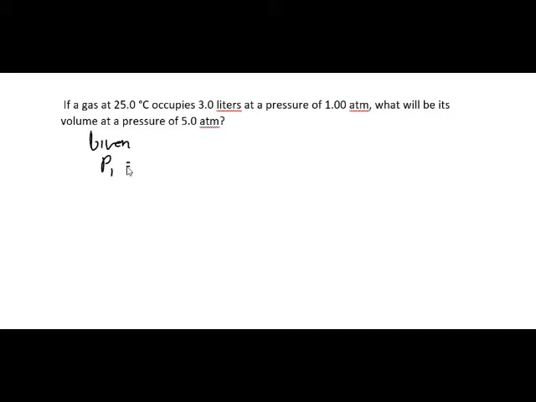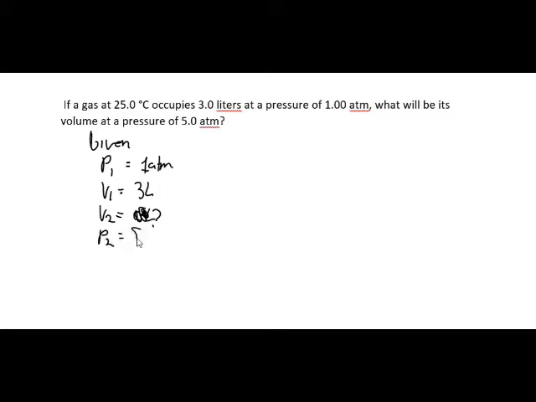P1 is 1 atm, V1 is 3 liters, P2 is 5 atm, and V2 is missing.